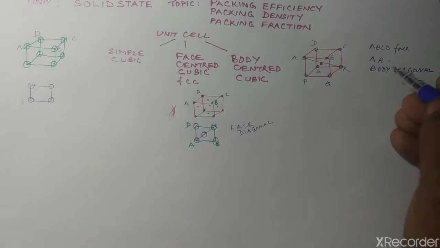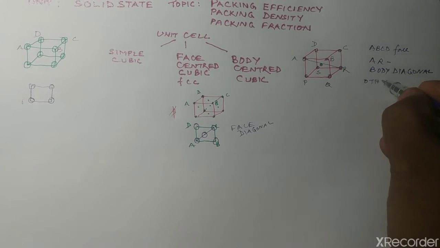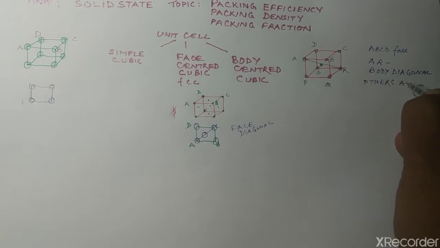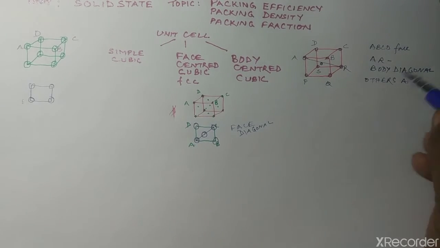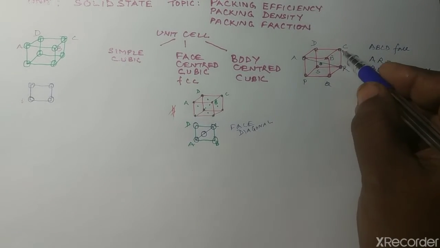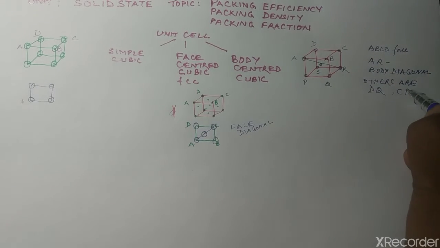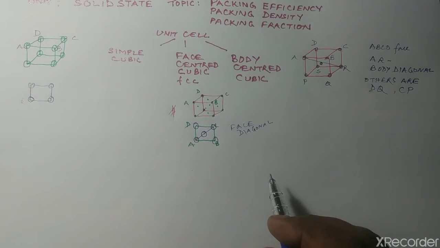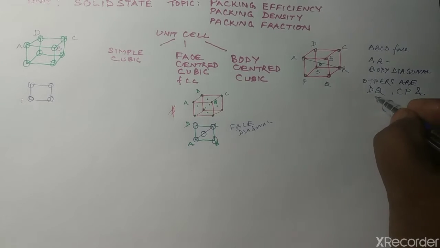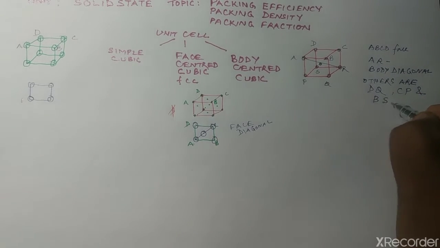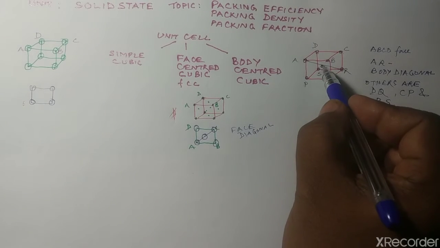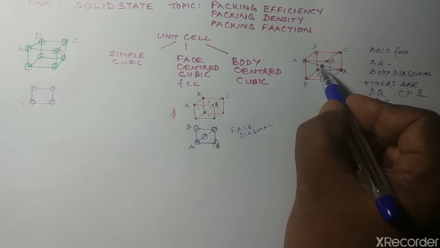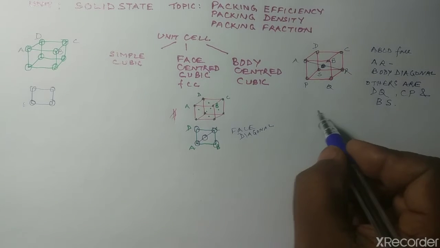Other body diagonals are DQ, CP and BS. And here on the body diagonal, this atom is there in BCC, like this.